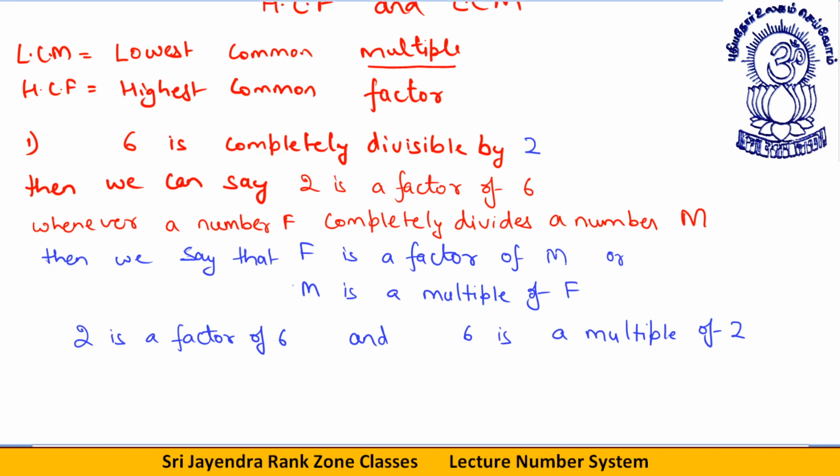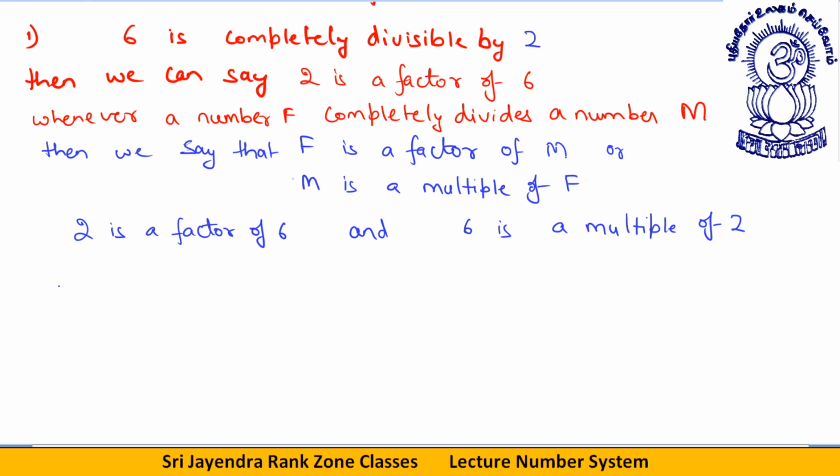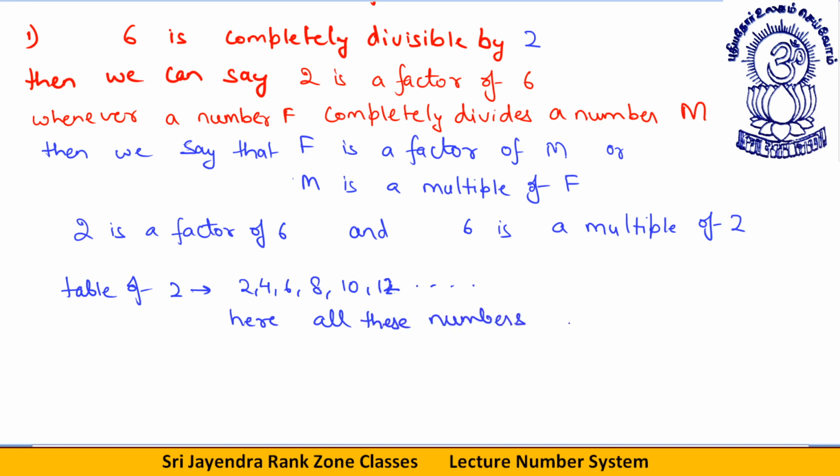So what I mean to say is, see, if I count the table of 2, what happens? 2, 4, 6, 8, 10, 12, and so on. All these numbers are the multiples of 2.